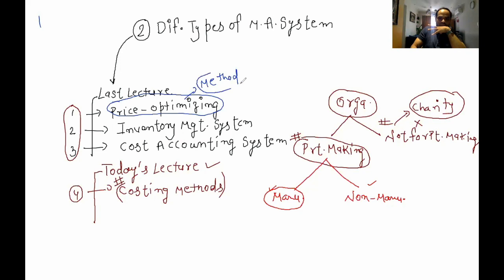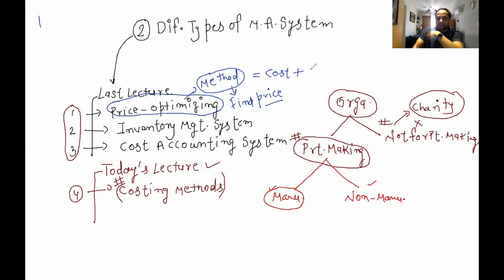What is the purpose of this method? With the help of this method, we find the price of the product. So what is this method known as? This method is known as cost plus pricing, right? Cost plus pricing. So what is the formula of cost plus pricing?